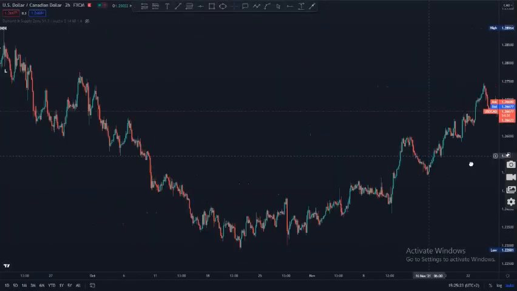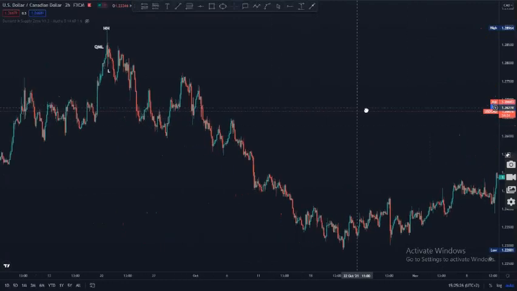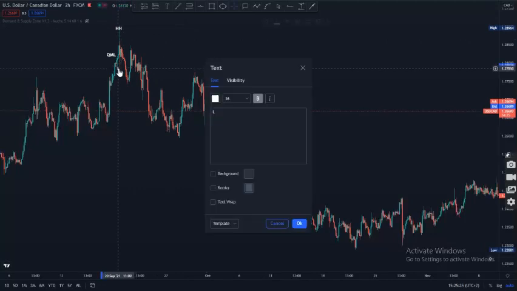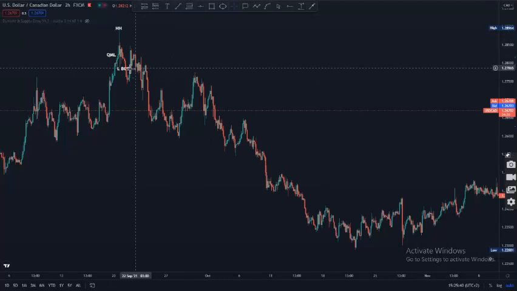Let me just zoom in. We had a very small QM at this level, and then we had a low here and the break of structure right there. So low and break of structure. It will be very clear when you go to the lower time frame. Right now, it might not look very clear.